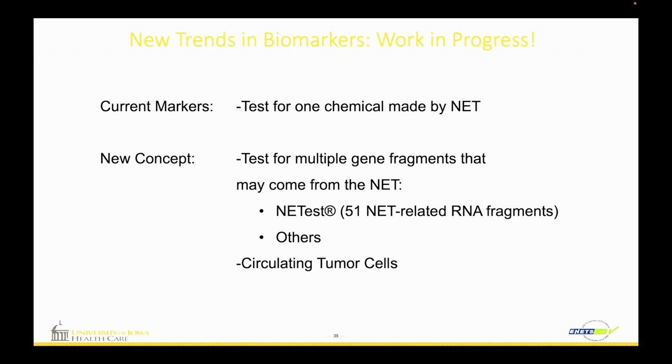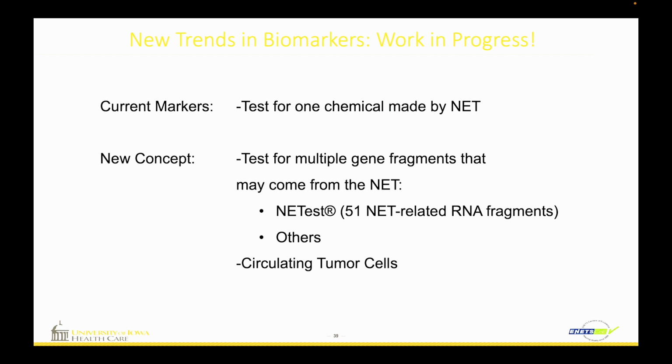The tumor markers that I've told you about are all single chemicals that come from neuroendocrine tumors. Where the cancer field is going is to look at multiple genes that might be coming from tumors, or tumor cells that might be breaking off tumors that we can capture in the bloodstream.